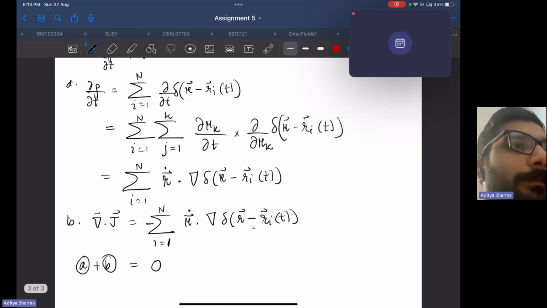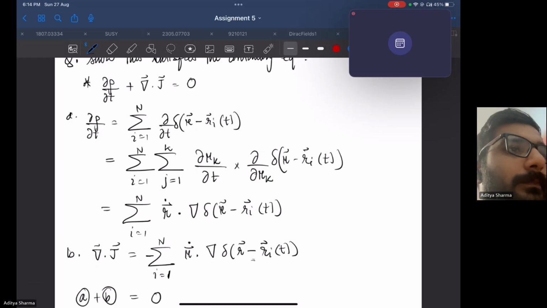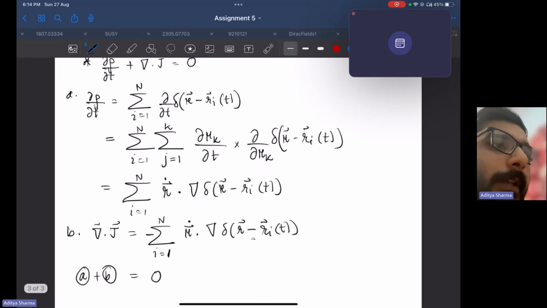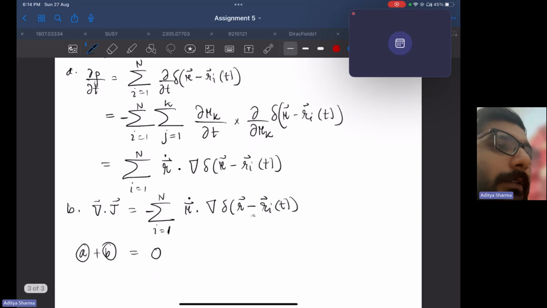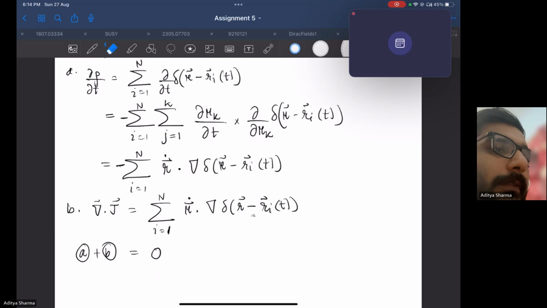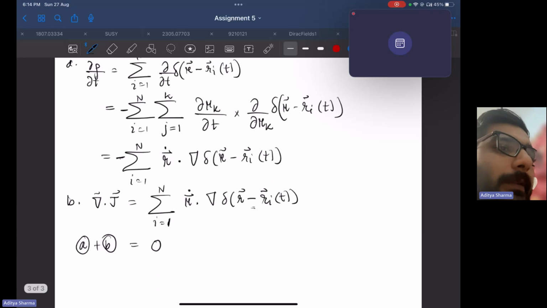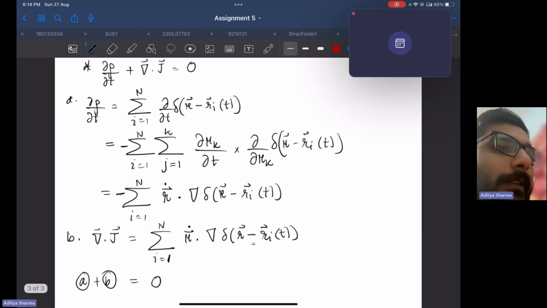Sorry, there's a minus sign here. The mistake is that the gradient is with respect to r here.